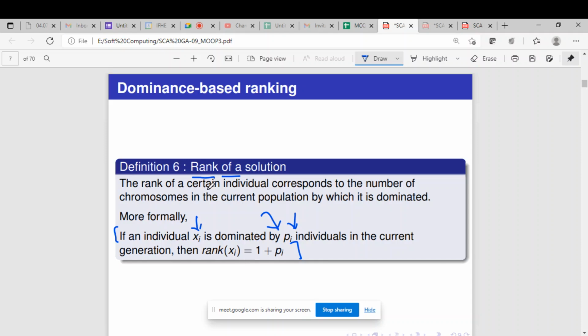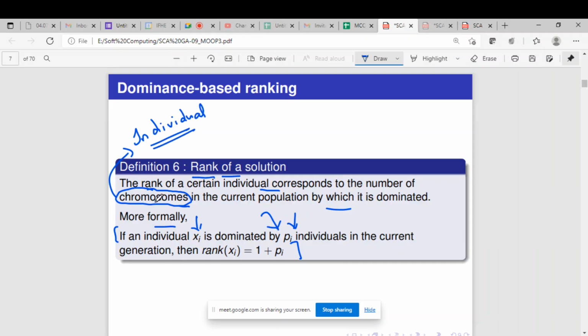The rank of a certain individual corresponds to the number of chromosomes in the current population by which it is dominated. Chromosome means individual here; instead of chromosome you can call it an individual or a solution. Chromosome, individual, solution all refer to the same thing.